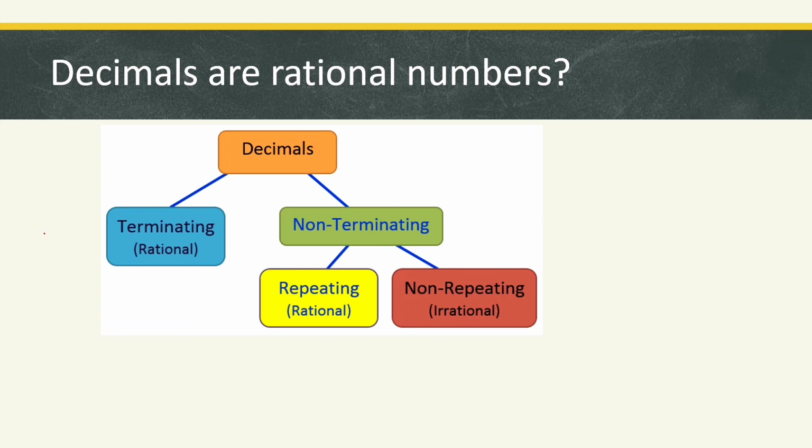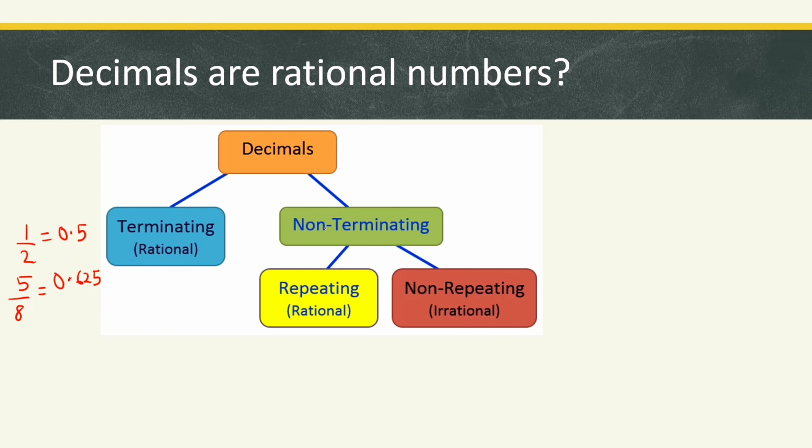That is why it is called a terminating decimal. For example, if I have 1 by 2, when I divide, I get 0.5. I have 5 by 8. I will get it as 0.625. So here, after the decimal point, the digits end at some place. Hence, these are called terminating decimals. So all the terminating decimals are rational numbers.